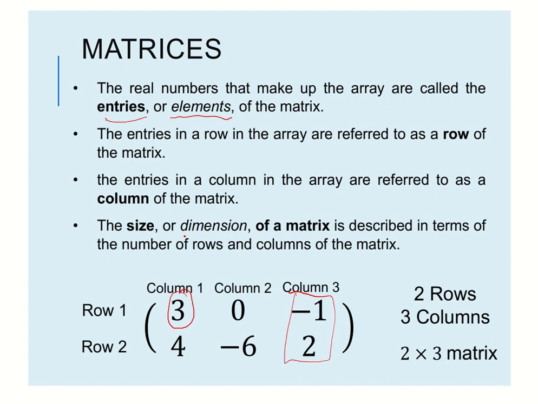So the size, sometimes we call it dimension, is described by the number of rows multiplied the number of the column.